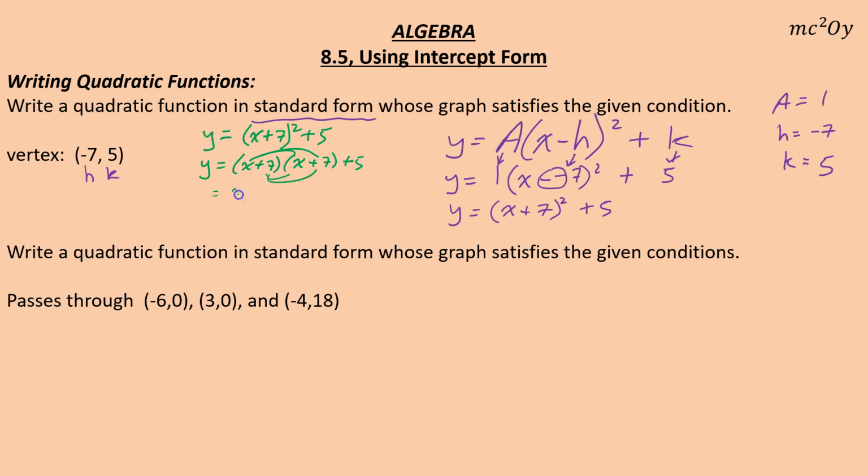That gives me x squared plus 7x. Right, so x times x is x squared, x times 7 is 7x, and then 7 times x is another 7x. And 7 times 7 is 49. And then we have our plus 5. Combine like terms: x squared plus 14x plus 54. We are now in standard form.